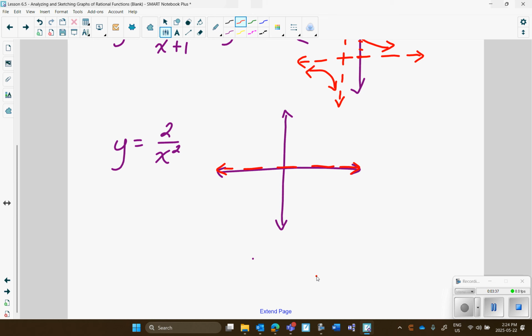What value of x makes this 0? 0. Do you remember what the shape of the graph looked like when there was just a squared on the bottom? What did I refer to it as? What shape? The volcano.